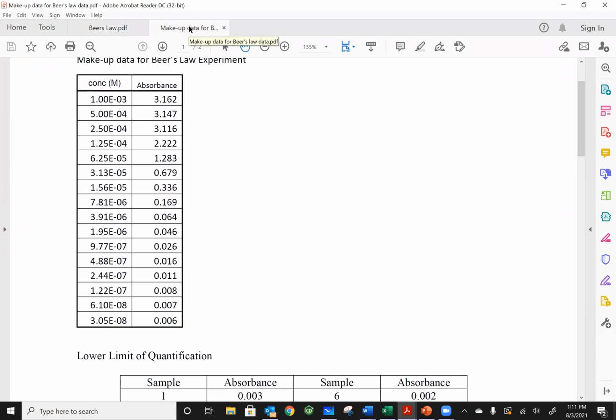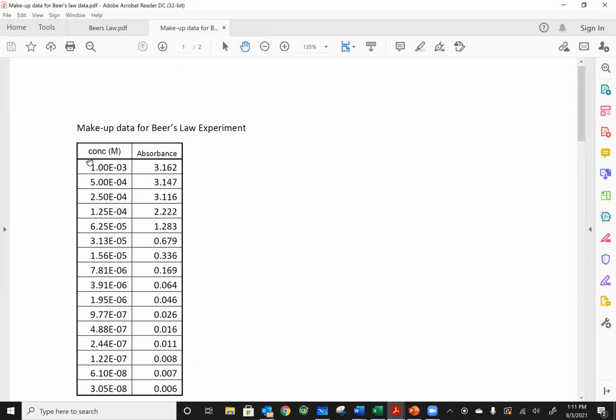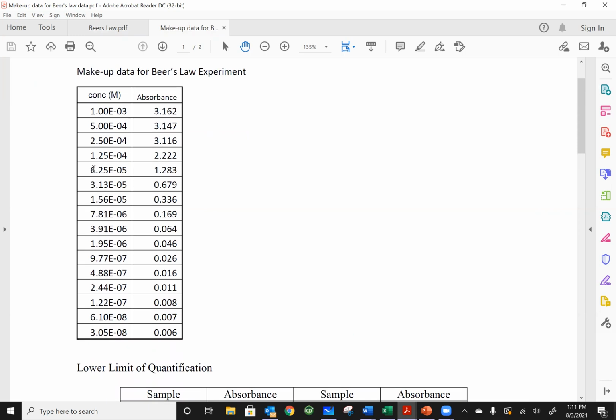So one thing I want to say about the makeup data, this first concentration says 1 times 10 to the minus third. That should be 2 times 10 to the minus third. Okay, so in your data, when you're copying this data sheet down for table 2, make sure that you change this from 1 to 2, okay?